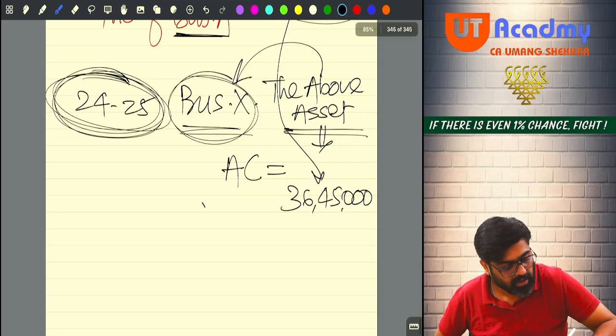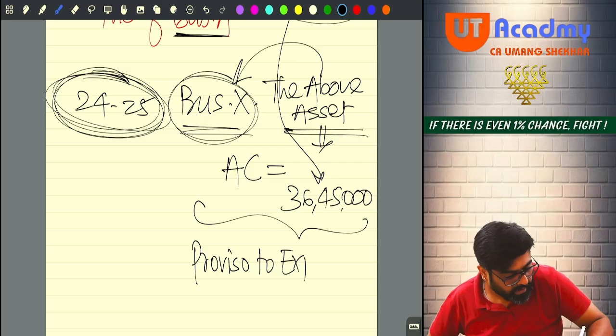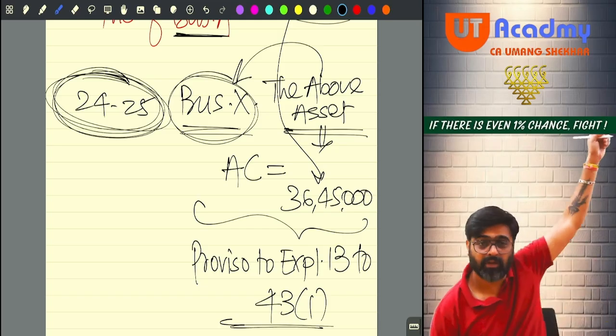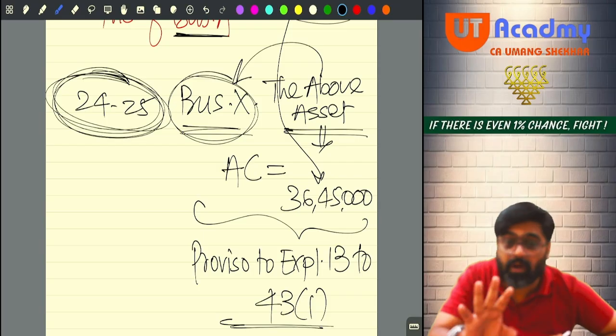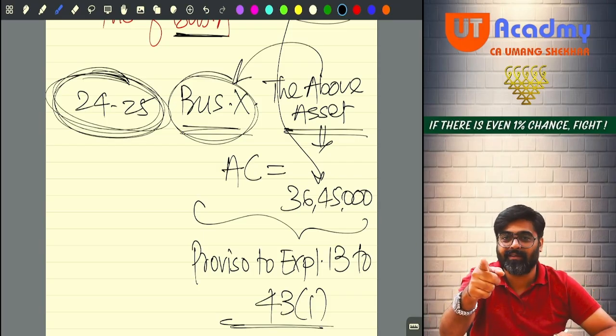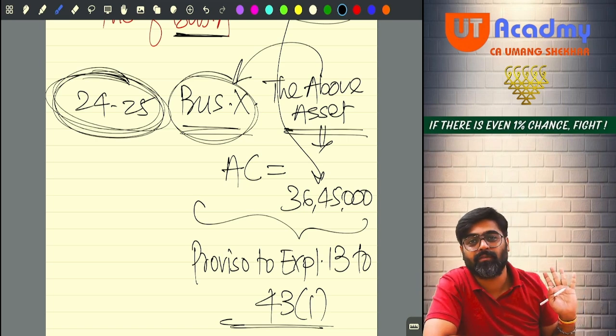36,45,000, sir. This is as per proviso to explanation 13 to section 43(1). This I did not tell you that time, which I am telling you right now. I have not yet discussed explanation 13. But to that explanation 13, this is the proviso.